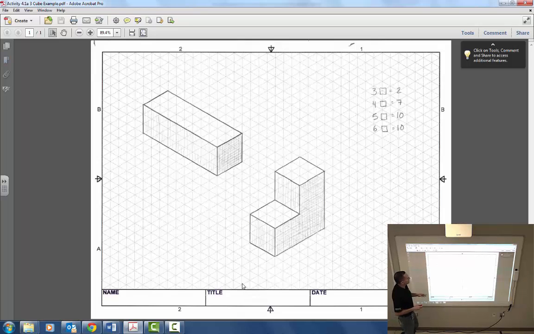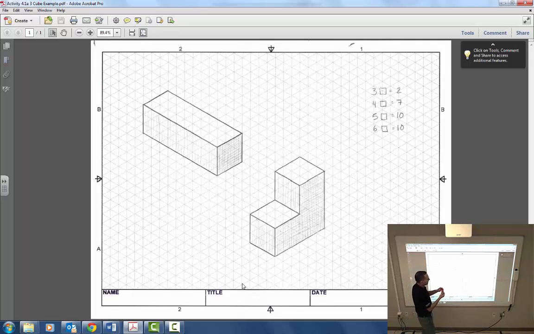Well, there's really only 2. I've blown this up so you can see it, but when you draw it, I would do it 1-to-1. One of these cubes is 1 square on your isopaper. So I have 3 in a row like this, and I have my L-shaped piece. Those are the only possible combinations I can come up with using 3 cubes.